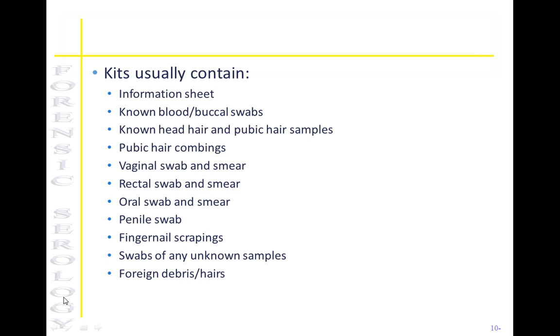In some situations, not all of these evidence containers will be used. It really is just dependent on the circumstances of the case itself. But usually kits are designed so that all of the containers would be there if needed.